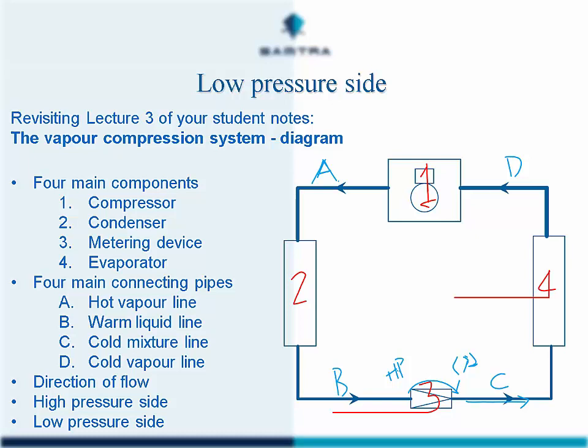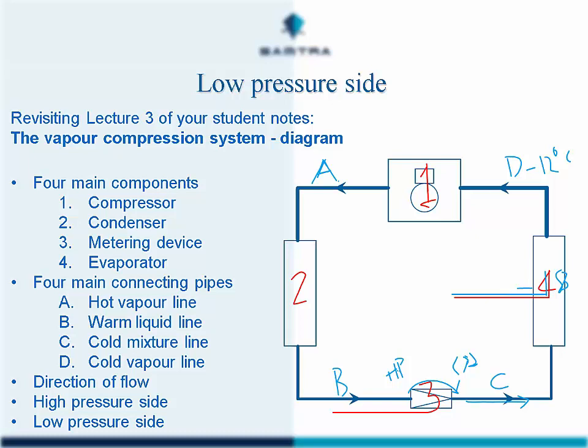If you're operating a refrigeration freezer system, you're going to have maybe minus 18 degrees in your evaporator, a little bit of superheat, you're still going to have minus 12 and colder in this pipe coming back. So that pipe is going to be pretty cold.